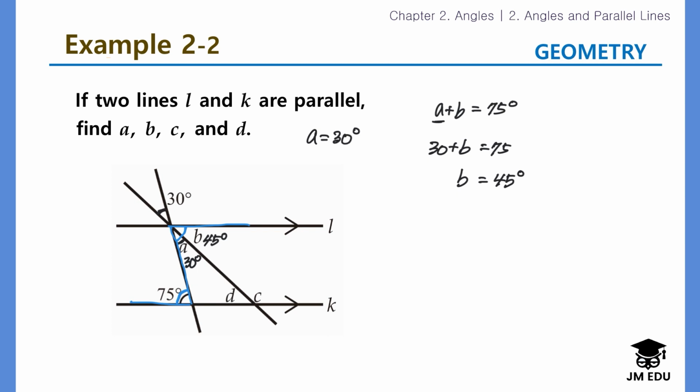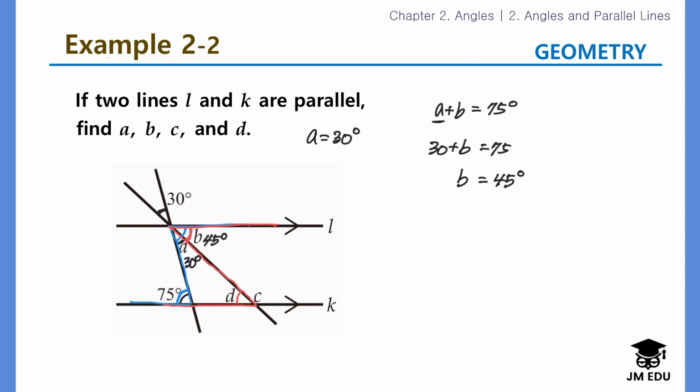So far so good? Okay, now look at this transversal right here. Then we have here, let me draw the line from here to here. Do you guys see that these two angles are congruent, right? Because they are alternate interior angles, right?